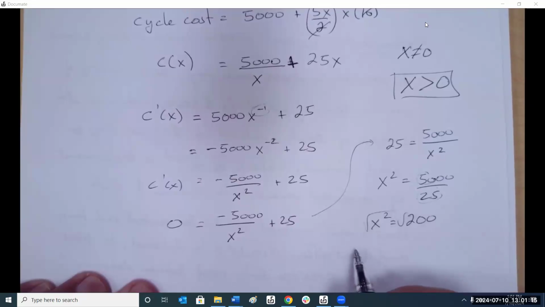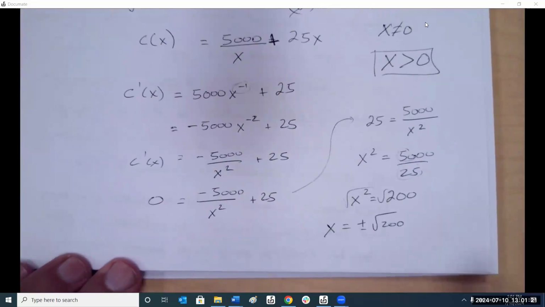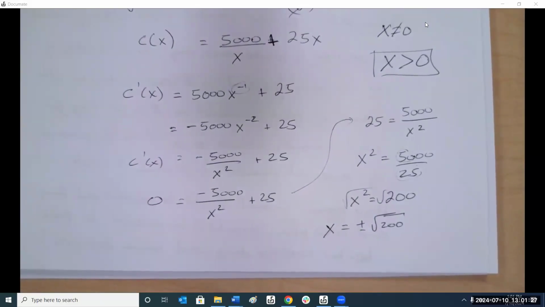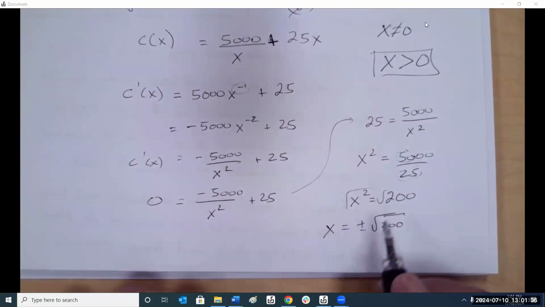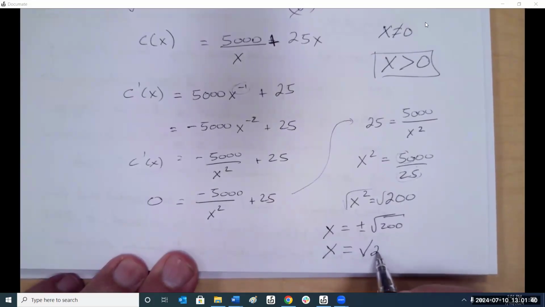So square root both sides. X is equal to plus or minus the square root of 200. Since we can't have negatives, the only X value that can work is the positive square root of 200.